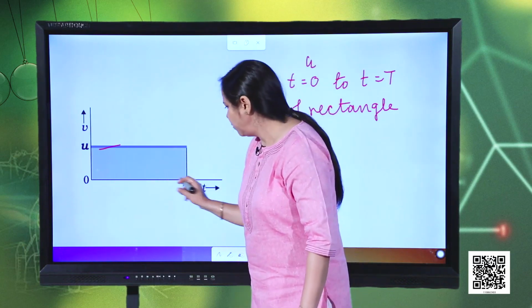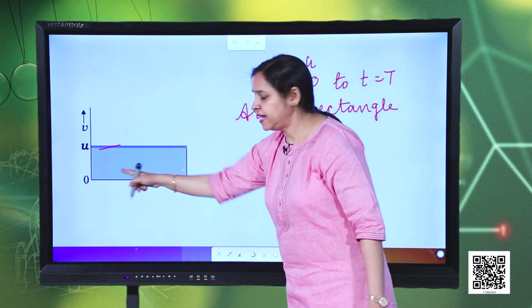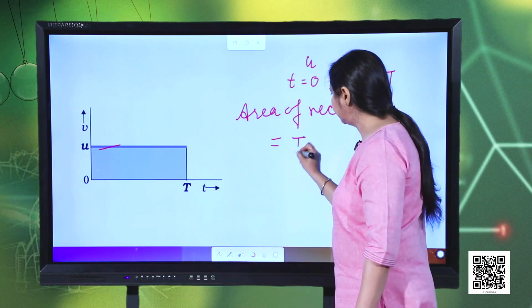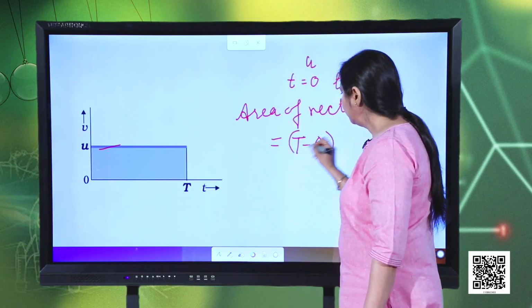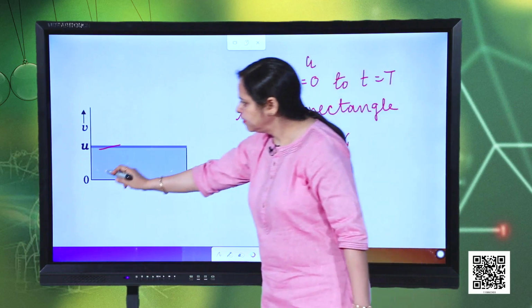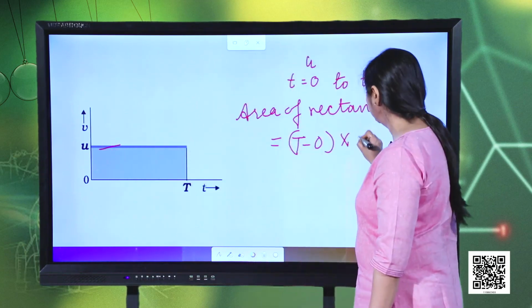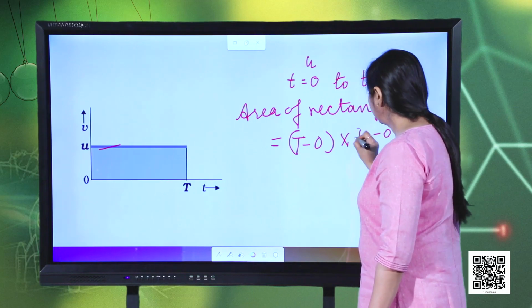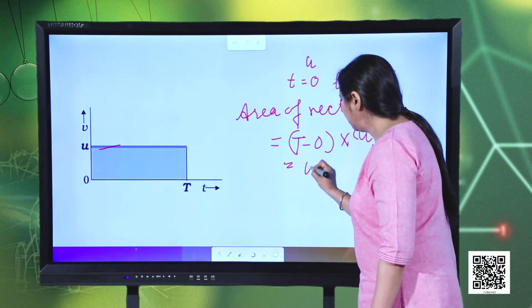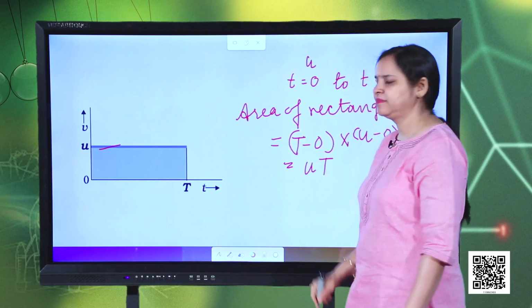Here one of the dimensions, the length, we can take to be t minus 0, multiplied by its height, or the other side, u minus 0. So, finally we obtain u into t.